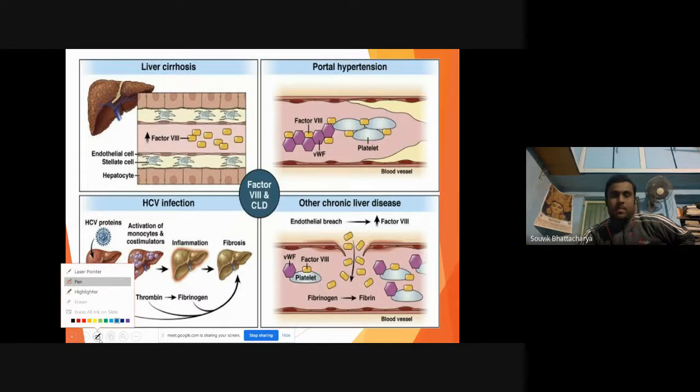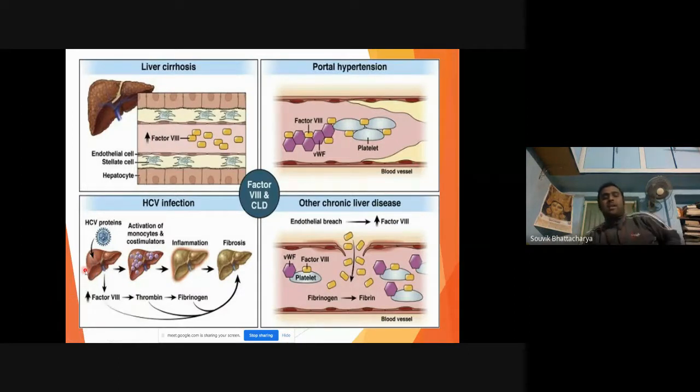Factor 8 is actually synthesized not directly by the liver cells.